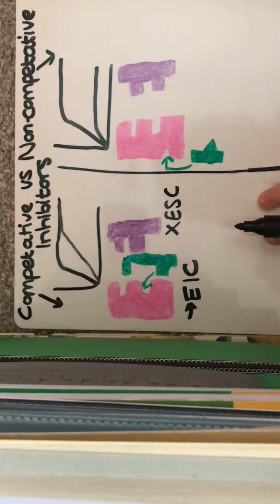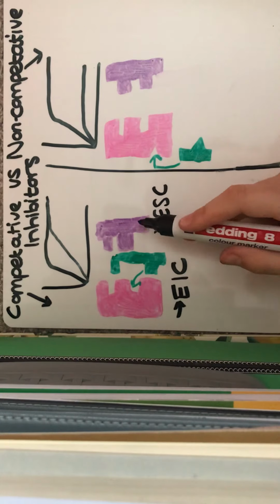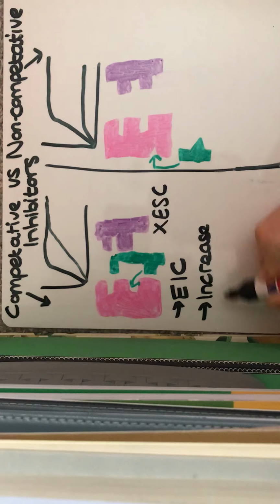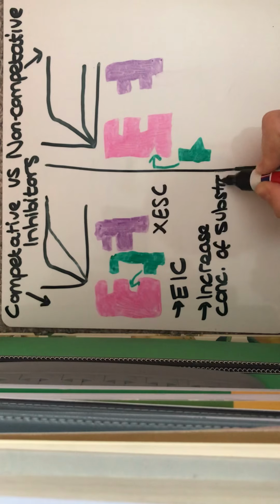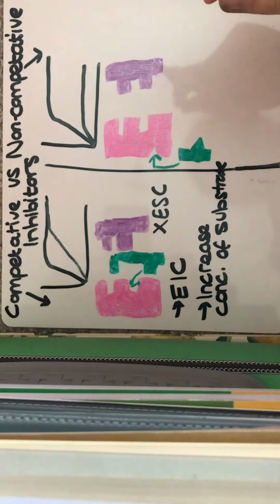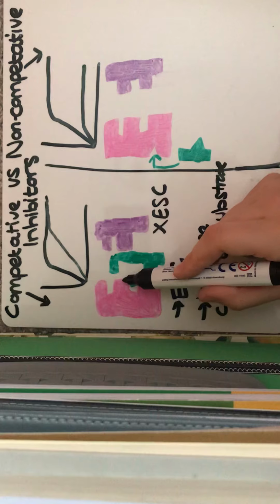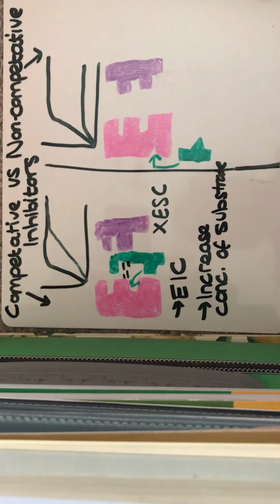However, if we increase the concentration of the substrate, then the hydrogen bonds will break. The hydrogen bonds that would be allowing this to be bound to the active site, those hydrogen bonds would break with the increase of substrate concentration.